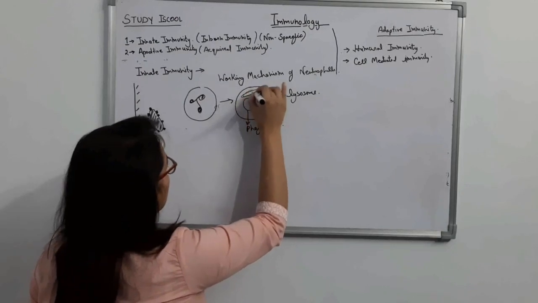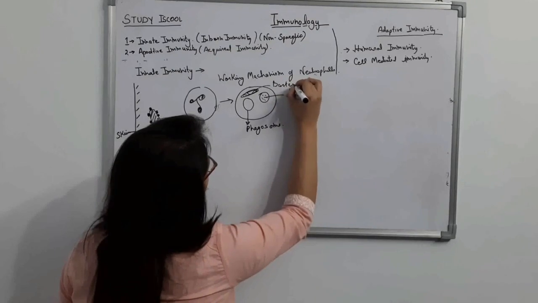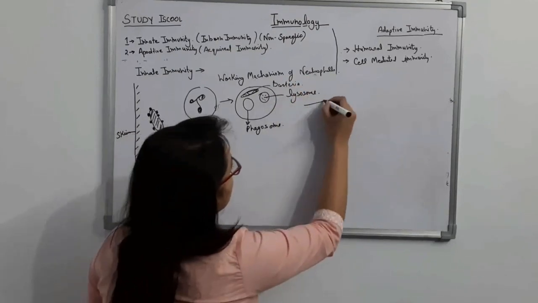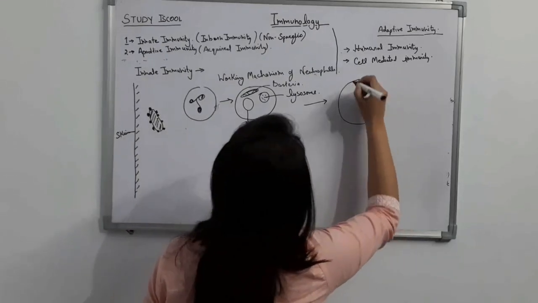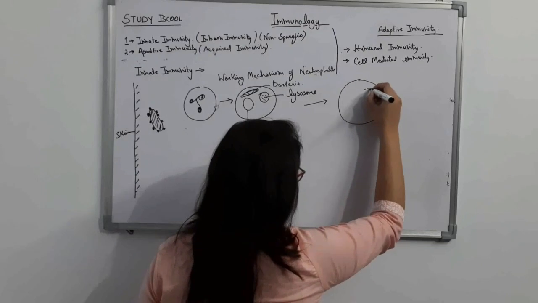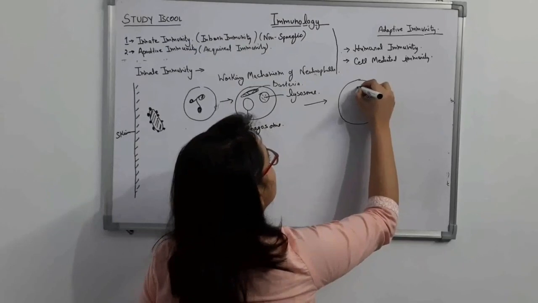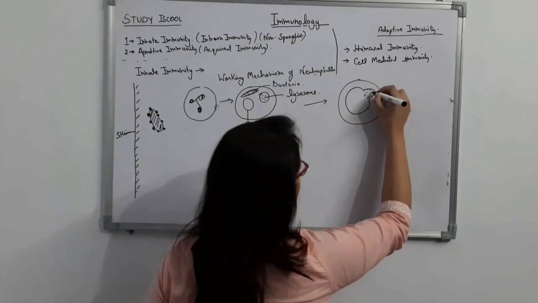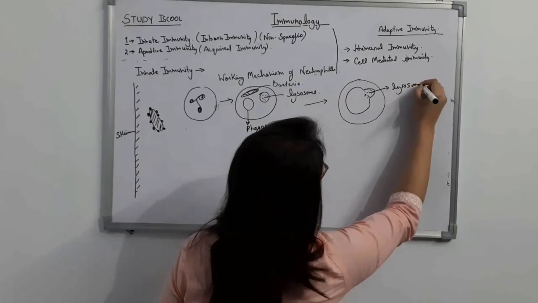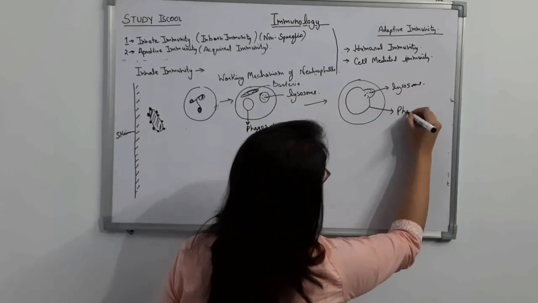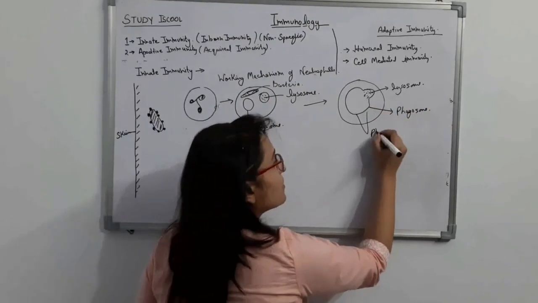Suppose this is the bacteria inside a neutrophil. So what happened after that? The lysosome is fused with the phagosome and makes a phagolysosome.